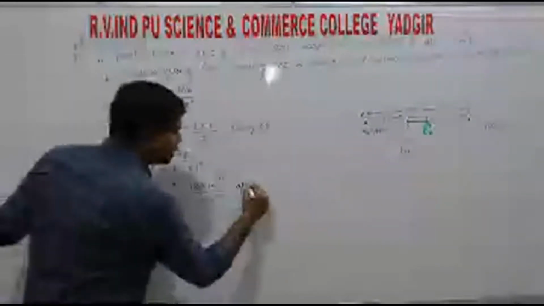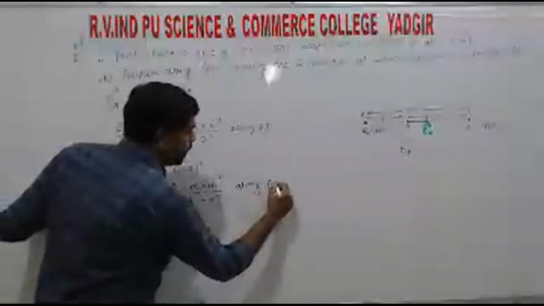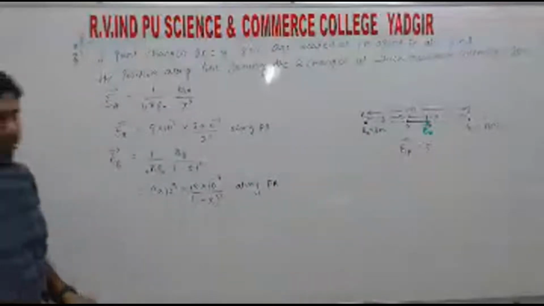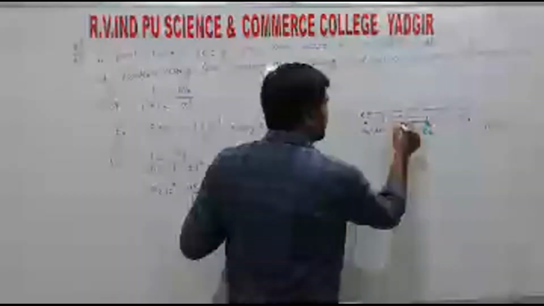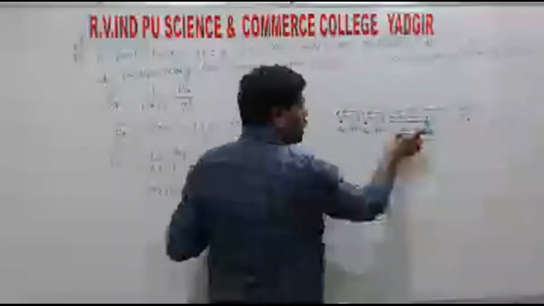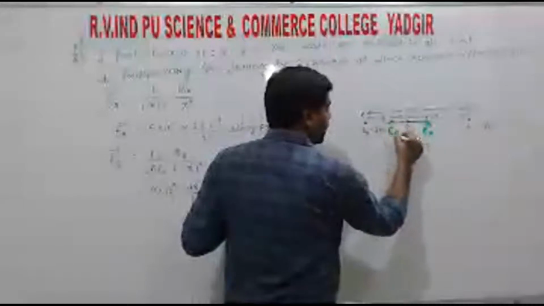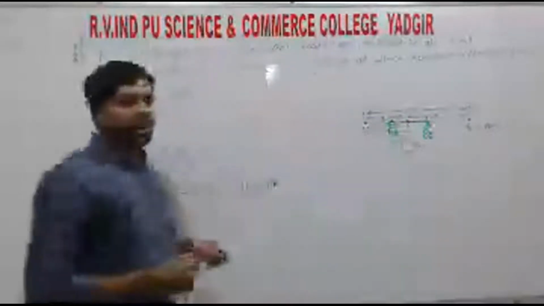The direction is along PA, so the electric field is acting here, because this is also a positive charge, here also a positive charge, so the repulsive force takes place, and it becomes EB.